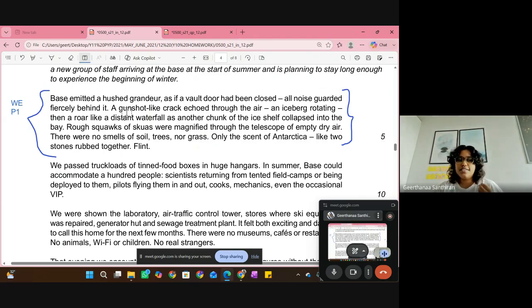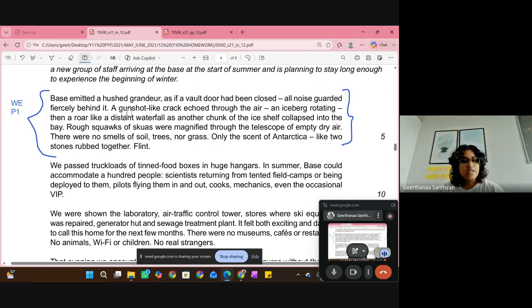Hushed is like quiet and small and low, right? But then grand, magnificent, splendid. So, hushed grandeur. Contrast. So contrast is antonyms, opposites, when there are two things that are at odds beside each other, right? Tall and short, day and night. Grumpy x sunshine. So hushed grandeur.